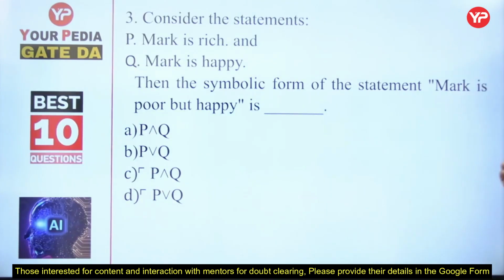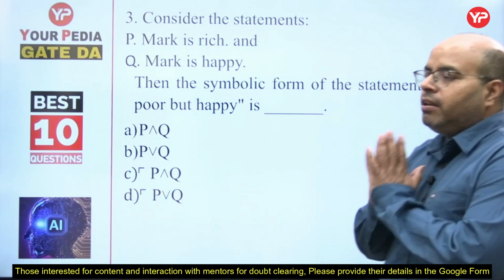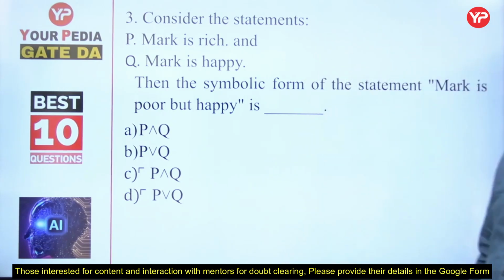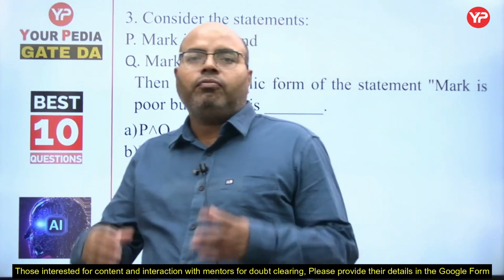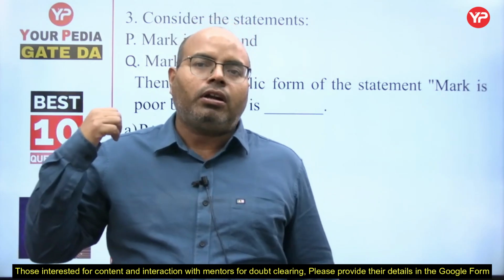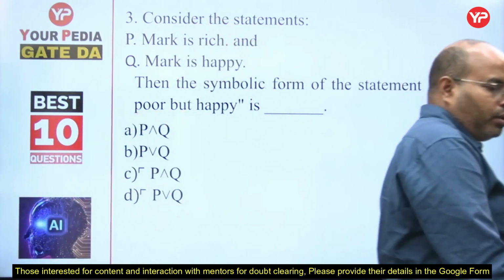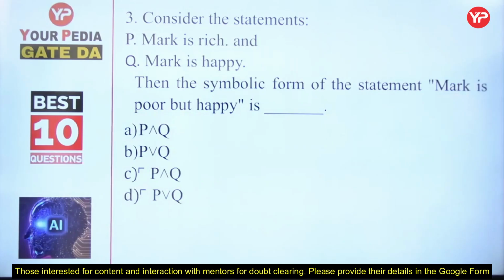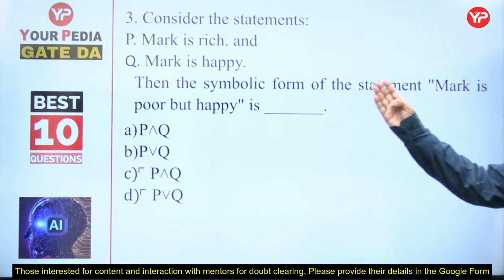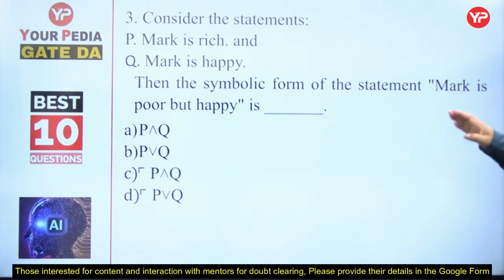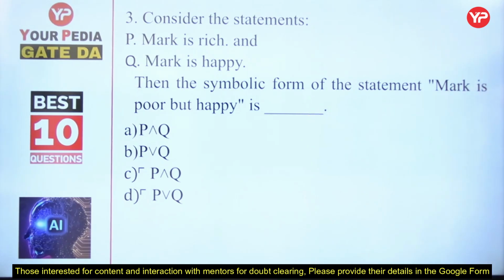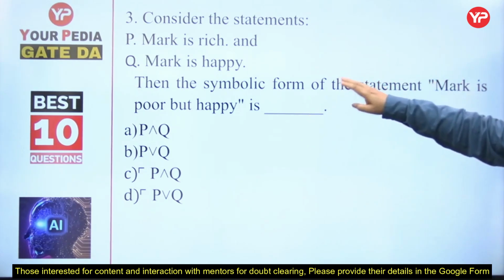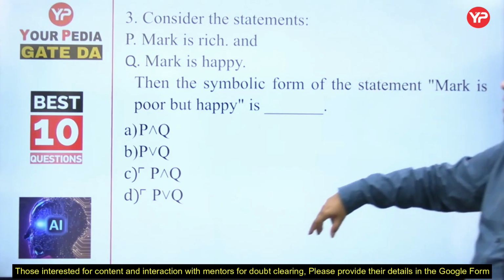Now consider this important question, because many propositional logic problems are like this. Whenever you talk of propositional logic in exams, a lot of questions come like this. So it's important. Mark is rich, that is statement P, and Mark is happy, statement Q. Then the symbolic form of the statement "Mark is poor but happy" is. P is Mark is rich, so Mark is poor means negation, opposite.